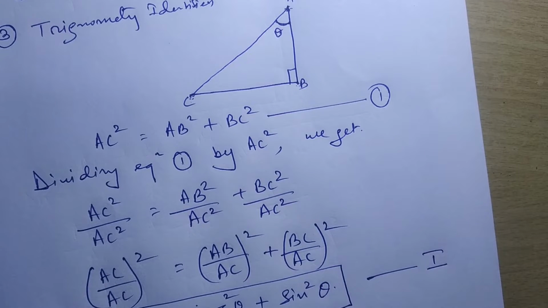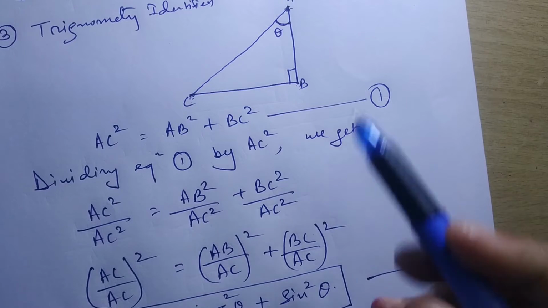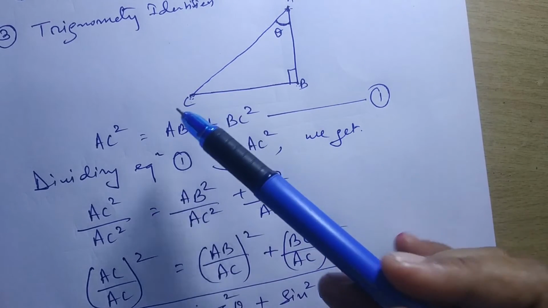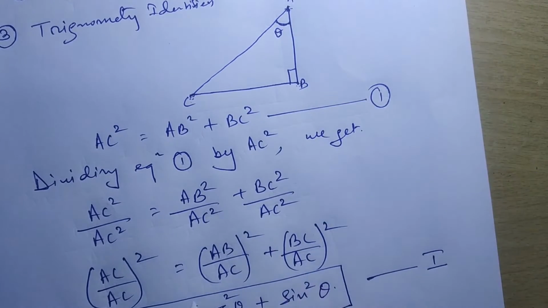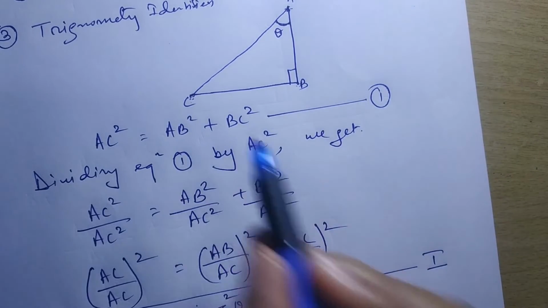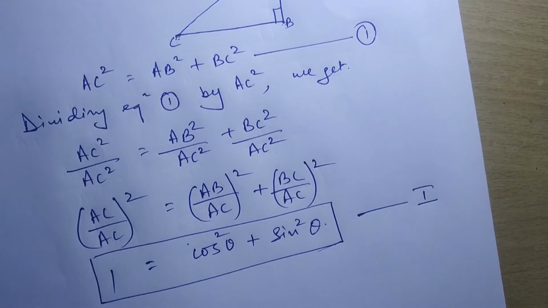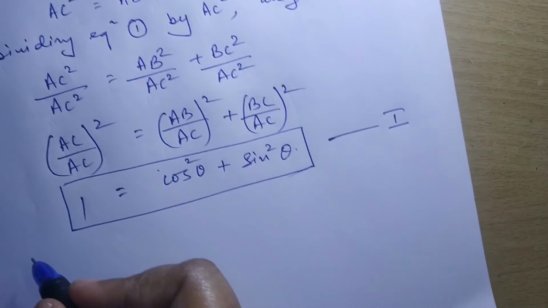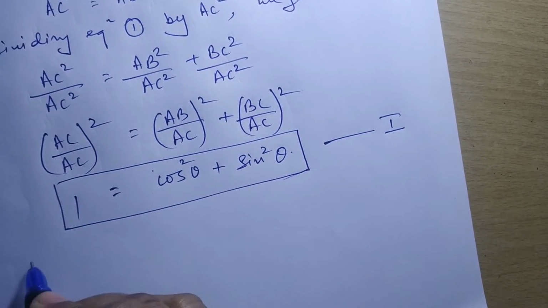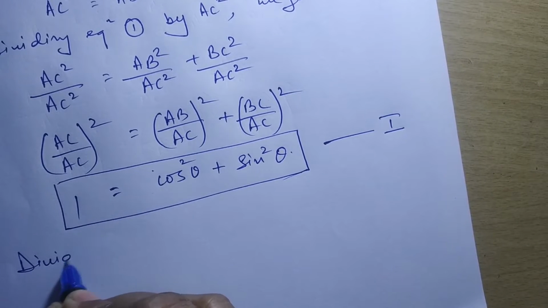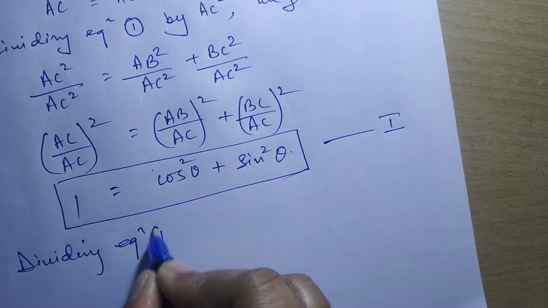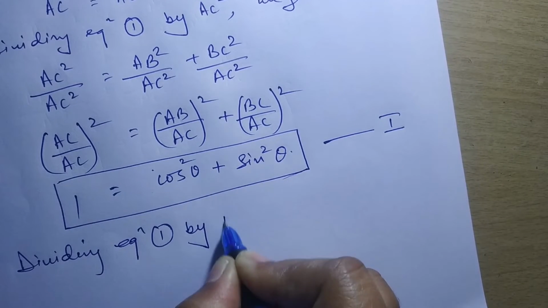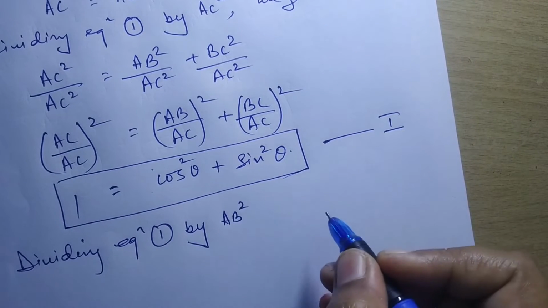Now let me go to the second identity. Let me see if we divide it by AB square, then what do we get? So to the same equation, I will divide equation 1 by AB square.